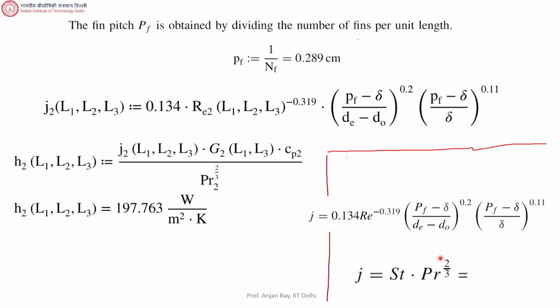It also depends on the fin pitch, which is P subscript F. Okay, and there's a delta, which is fin thickness. Then there are also DE and DO. So once we have J, and the notation that we are writing is 2, 2 for the flow outside the tubes. Okay.